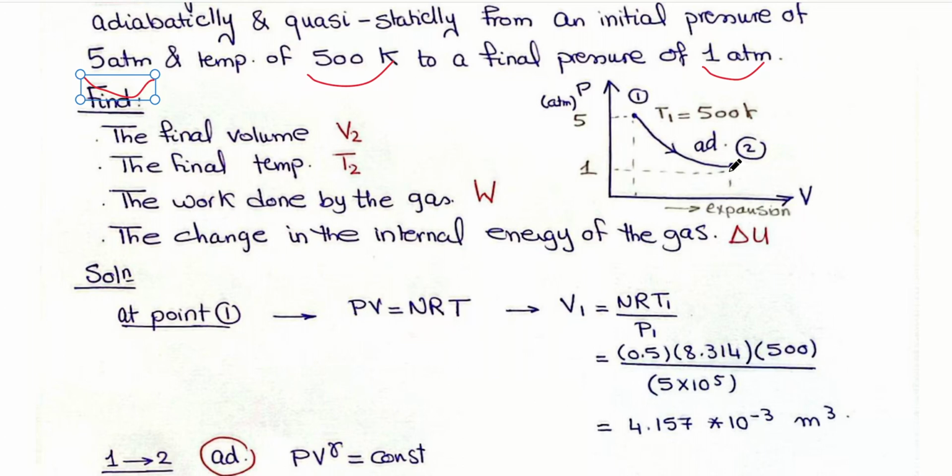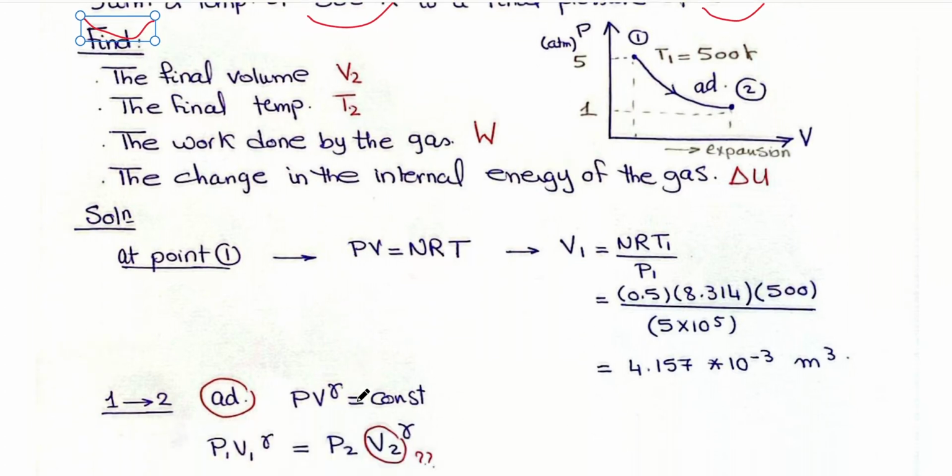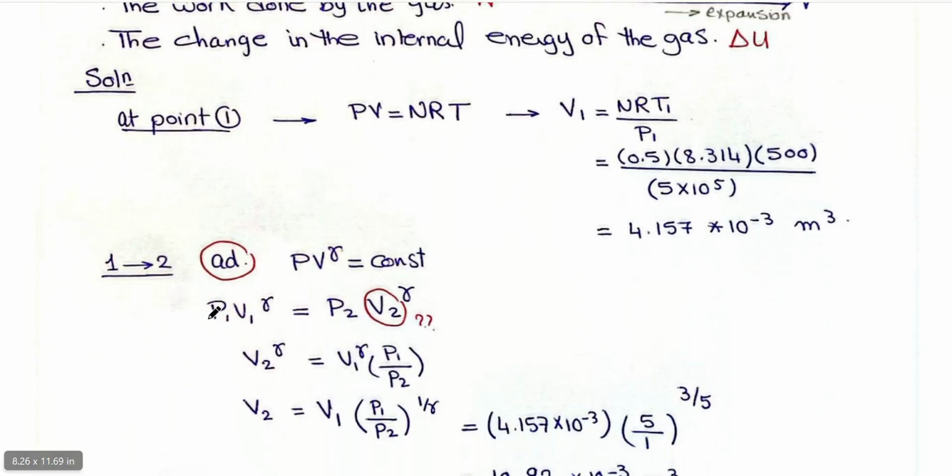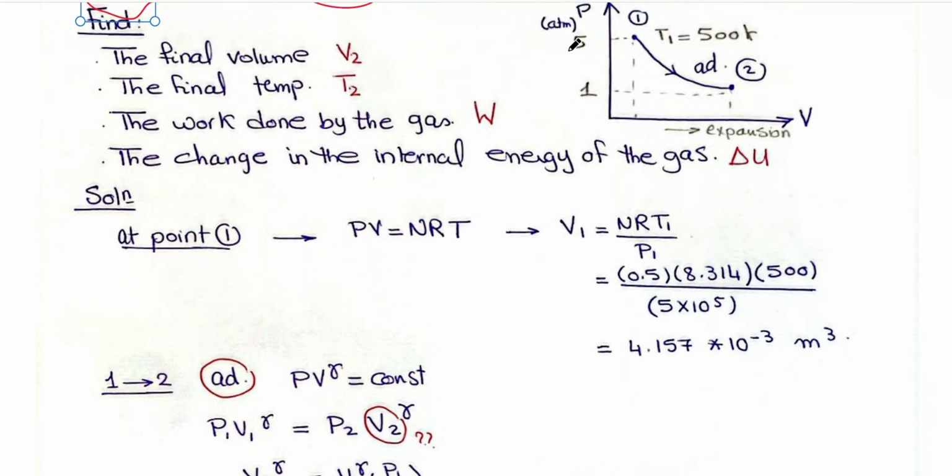In the adiabatic relation, PV to the power gamma equals constant, which means that P1 V1 to the power gamma equals P2 V2 to the power gamma. What is unknown is V2, because P1 and P2 are givens. V1, I just calculated V1 now. So I want to get V2.